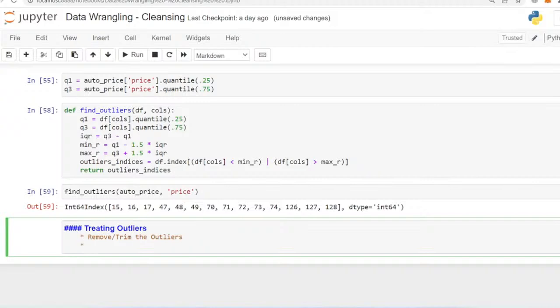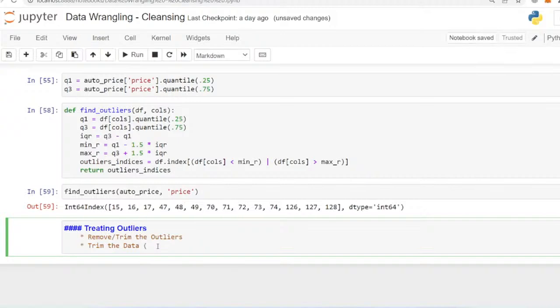The other one could be to trim the data. You will trim the sample instead of taking the entire sample. You can just take the values that fall under a range, such as the 10th percentile to the 90th percentile.